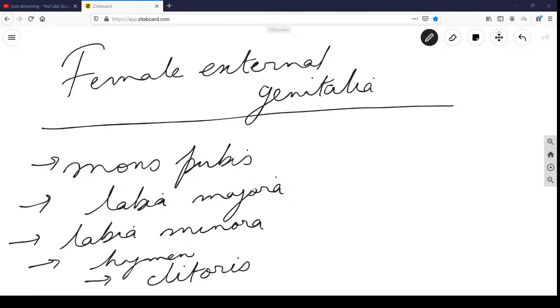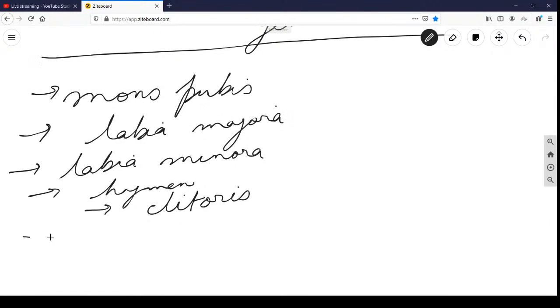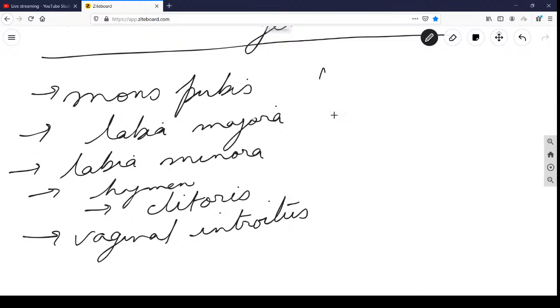There is also vaginal introitus. So, as far as the NEET examination is concerned, you should remember these 6 individual components that make up the female external genitalia.